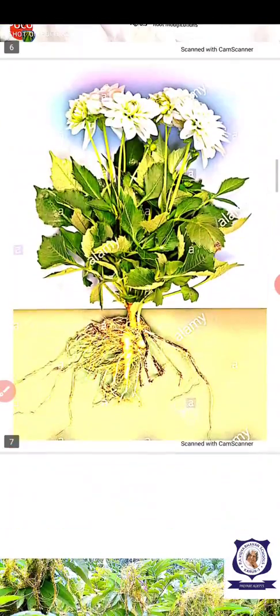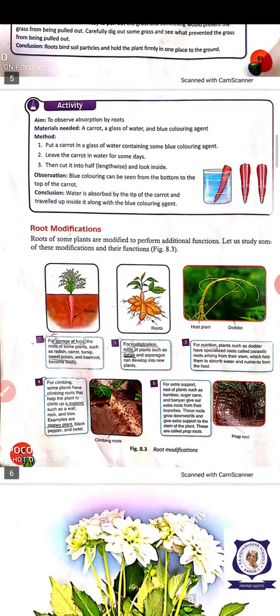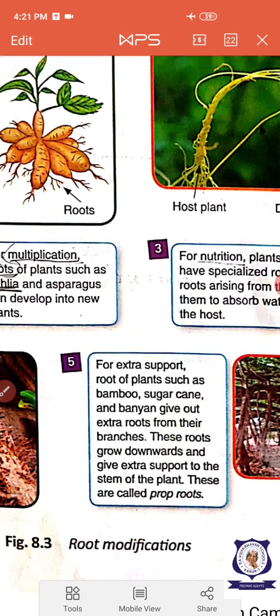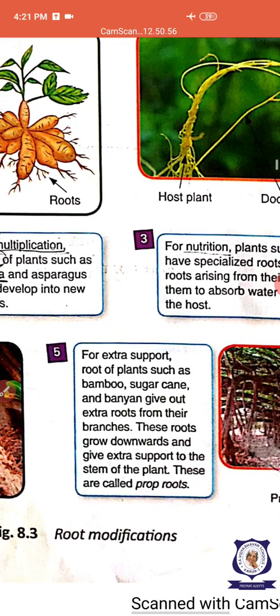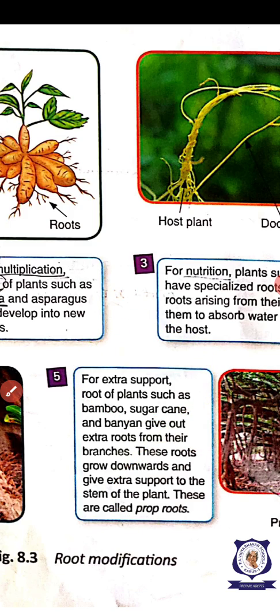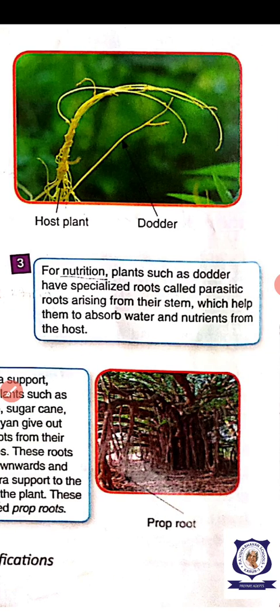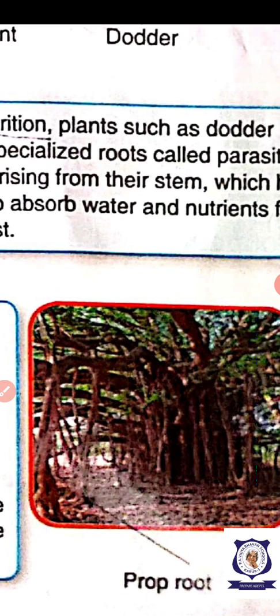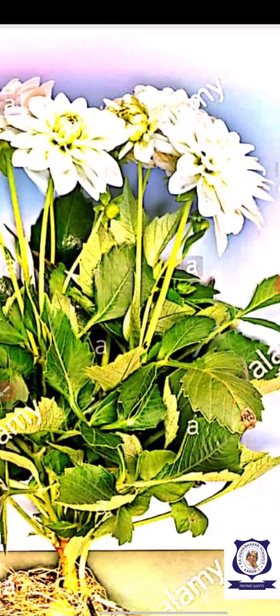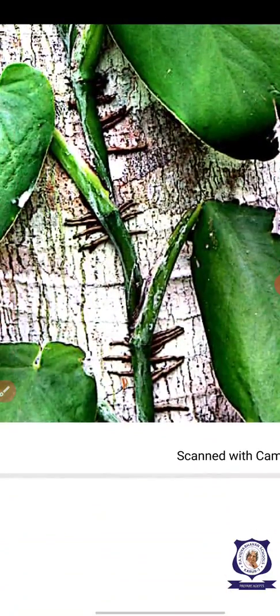And then we can go to the next function, that is the prop root. That is giving extra support. Prop root gives extra support for some plants. In which plant can you see the prop roots? In the banyan tree. The banyan tree, what is it in Tamil? It is the ஆலமரம். ஆலம் விழுதுகள், we say, no? So the banyan tree has what root?